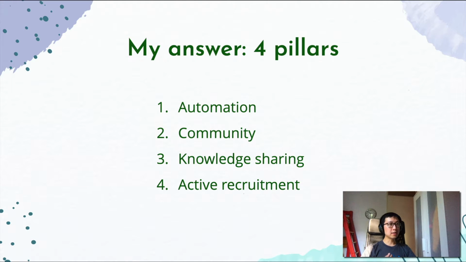I think that the answer lies in the usage of four pillars. One is automation, two is community, three is knowledge sharing, and four is active recruitment. I will explain what these pillars mean because I also try to apply them on Fullstaq Ruby.